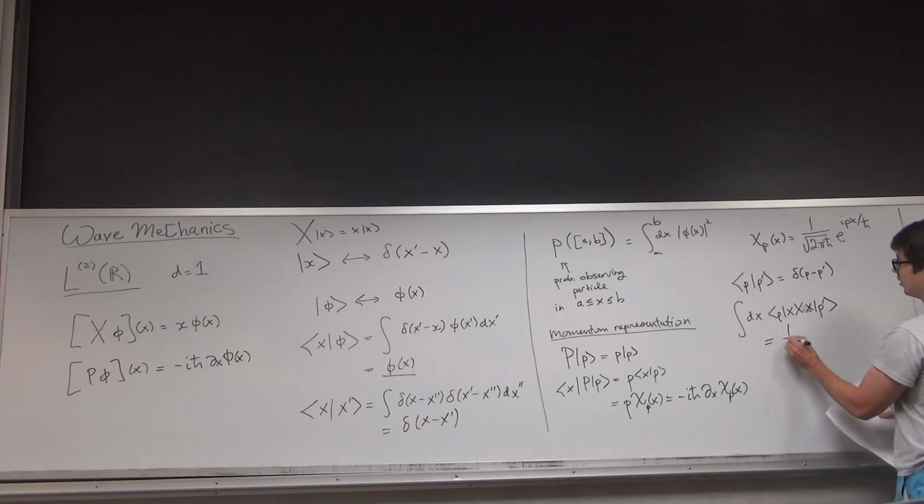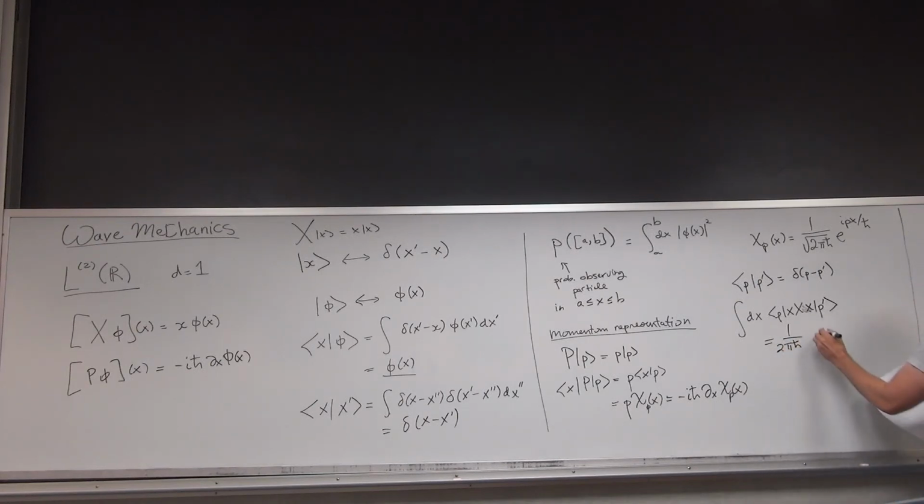It's 1 over 2 pi h bar, integral from negative infinity to infinity of dx e to the i over h bar (p minus p prime) x.